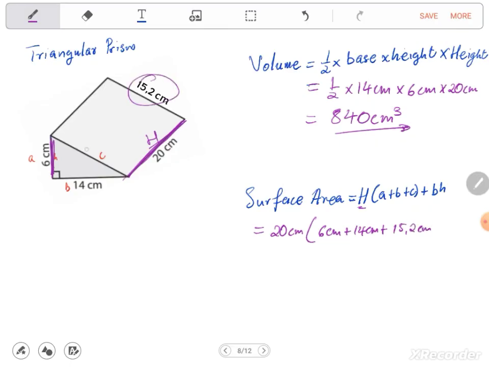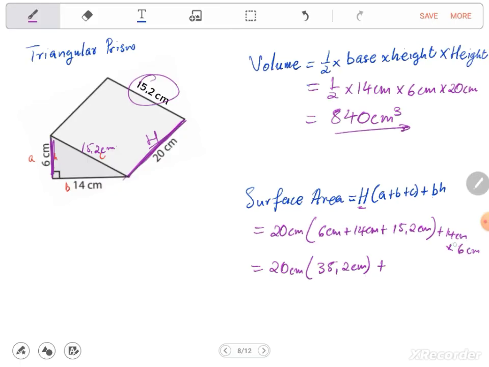So this one here is the same for this one, which is 15,2 centimeters for C, plus the base, which is 14 centimeters, multiplied by the height, which is 6 centimeters. So this will basically give us 20 centimeters when we simplify it, and then we add A plus B plus C, which is 6 centimeters plus 14 centimeters plus 15,2 centimeters. That will give us 35,2 centimeters.